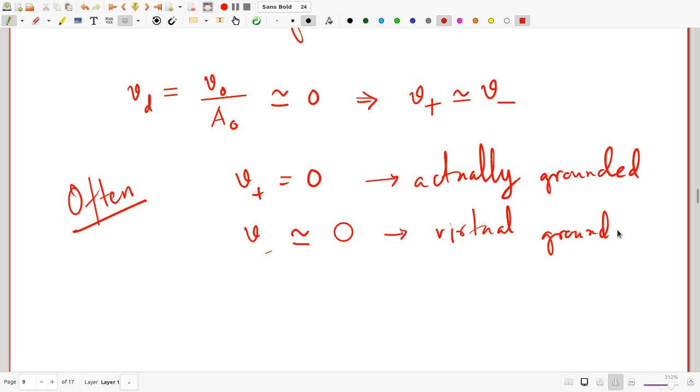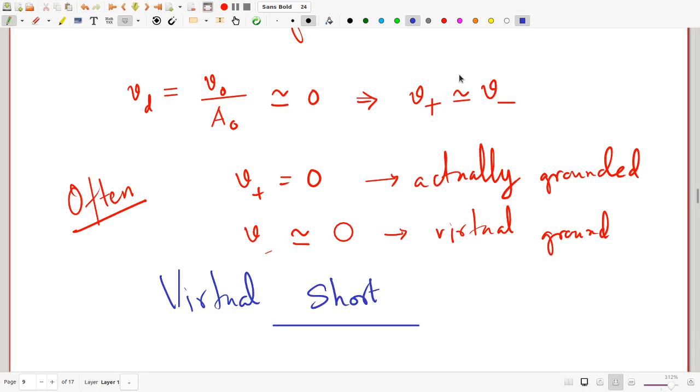Now, this has led many people to insist that you should really call this virtual short, because virtual short implies that there is no voltage difference between the two inputs. That is, the two inputs are shorted or virtually shorted.